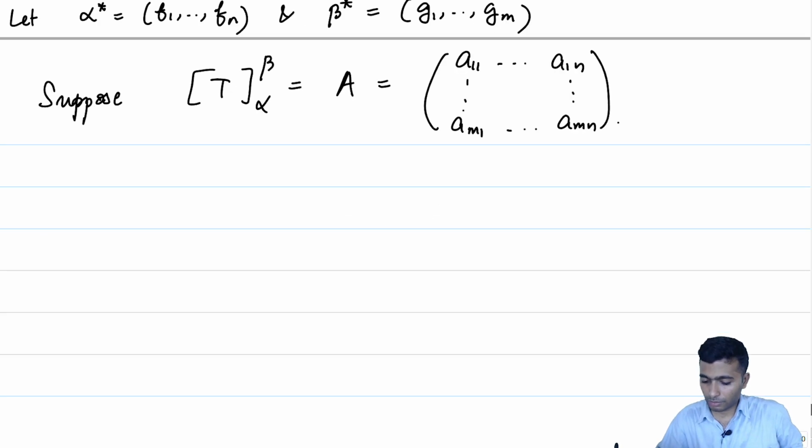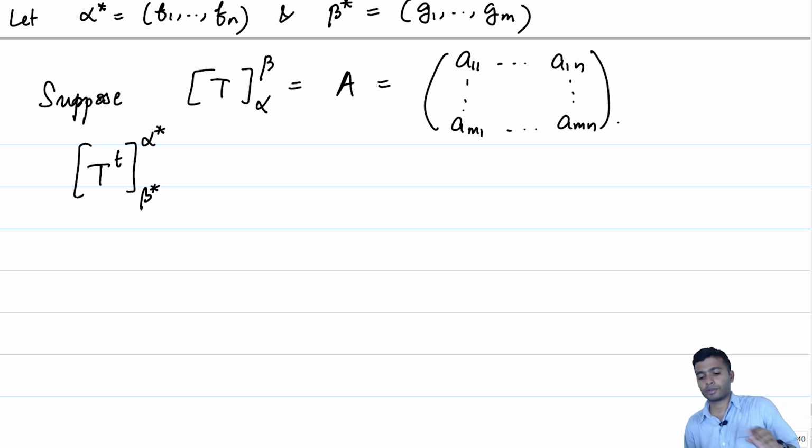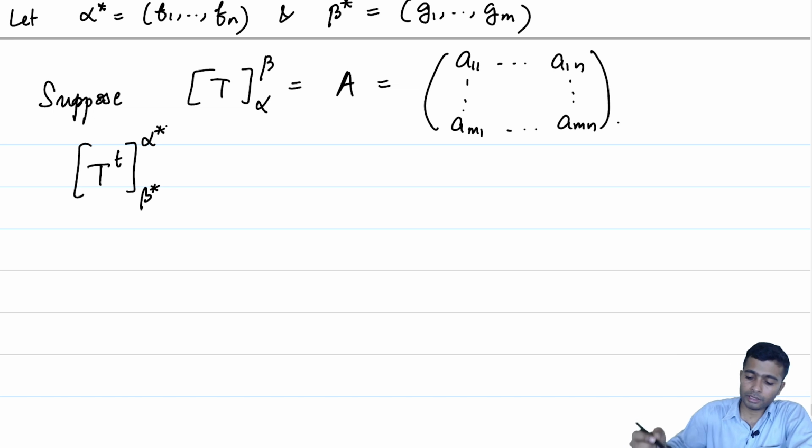So we want to calculate what T transpose with respect to beta star, alpha star is. But what are our beta star and alpha star? Beta star is G1 to Gm and alpha star is F1 to Fn. So this is going to be an n cross m matrix for sure.